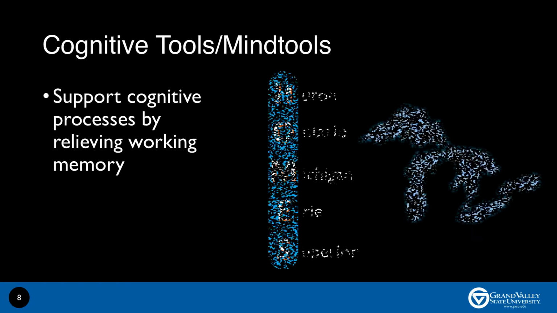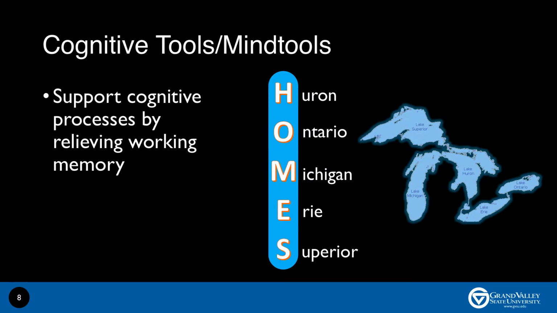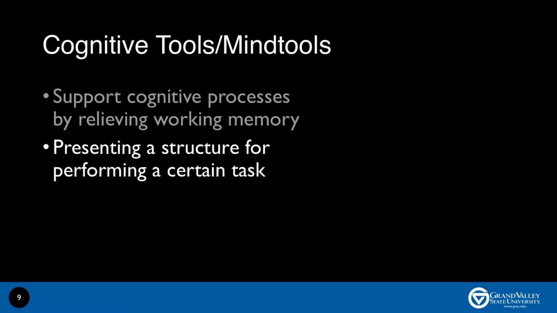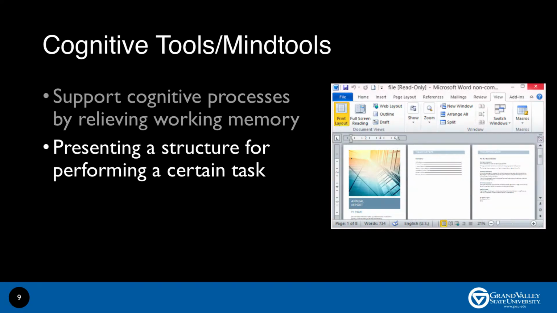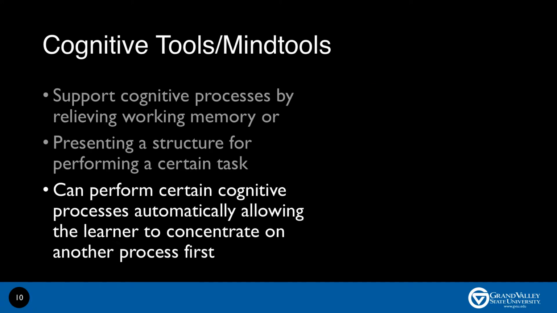For example, a mnemonic device such as HOMES to remember the 5 Great Lakes. Or they facilitate by presenting a structure for performing a certain task, such as using a template in Microsoft Word to write a report. The template frees us from thinking about the structure and organization and formatting, so we can focus more on the content of the report.